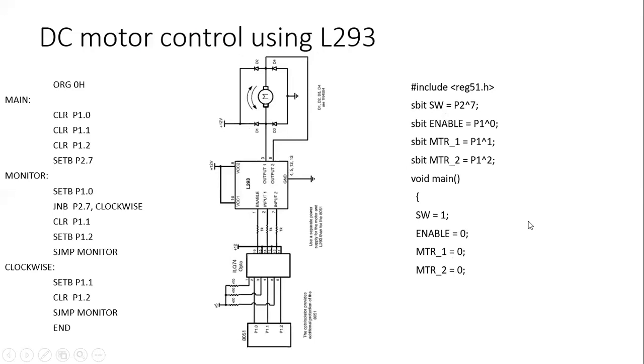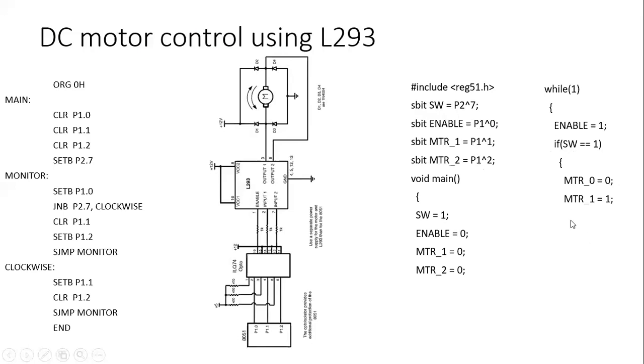Then we check the conditions inside the while loop to do it continuously. We first enable it, so enable is set to 1 here. Then we check for the switch condition. If the switch is equal to 1, then it should be anti-clockwise, so we should give P1.1 as 0 and P1.2 as 1, respectively to bits 1 and 2 of port 1.